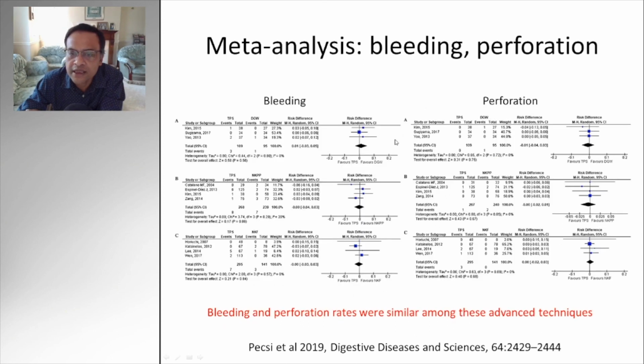And finally, in terms of bleeding and perforation, all 4 techniques were broadly similar. The bleeding and perforation rates did not differ very much amongst the 4 techniques, with the black diamond placed centrally in all the charts.